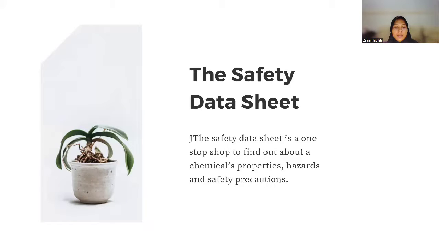Every chemical in the lab is required to have a technical document called a safety data sheet or SDS, usually provided by the manufacturer. They were formerly known as Material Safety Data Sheets or MSDSs.